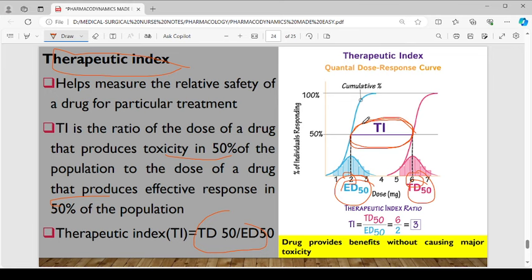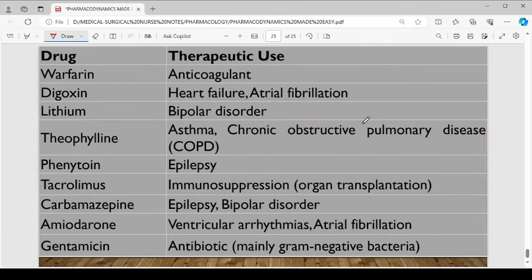In general, we have different drugs that have a narrow therapeutic index, which we as nurses need to monitor during the care process.